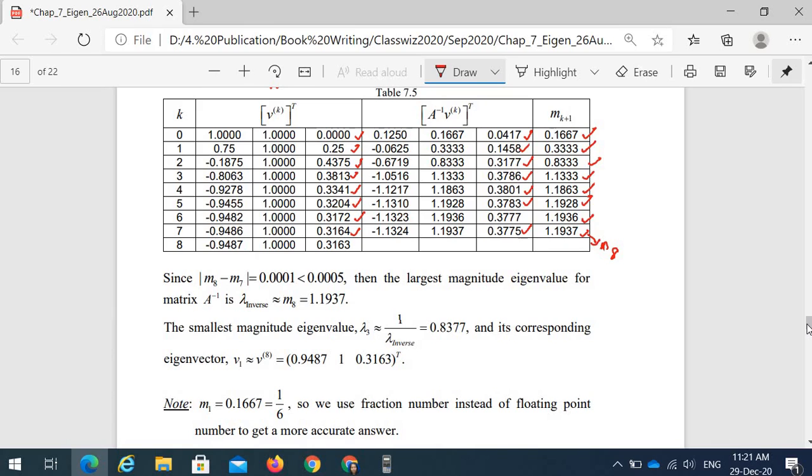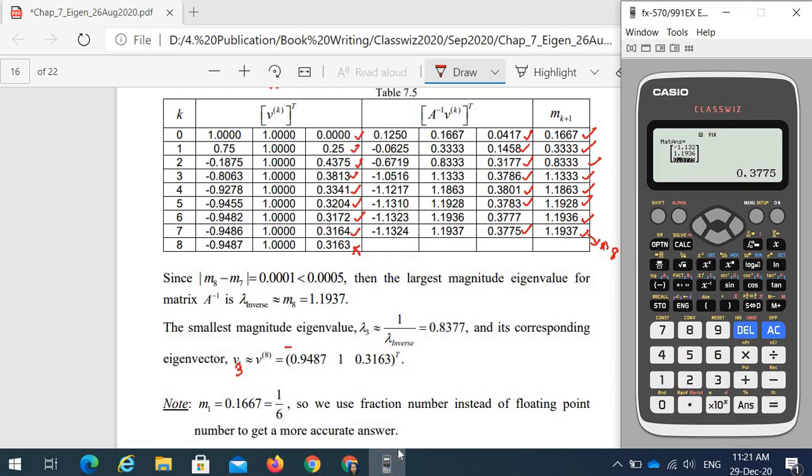And its corresponding eigenvector, V8, is the last one. So V3 approximately equals V8.